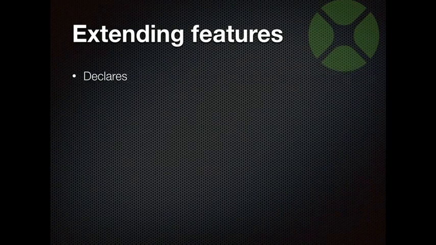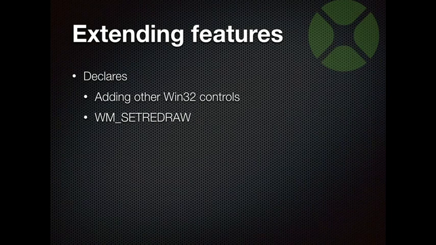So when you want to extend features in Xojo, you can use declares. You can add other Win32 controls. Win32 provides a bunch of controls which we haven't added to our product because either there's no support for that on other platforms or what have you, but you can use declares to extend our product.